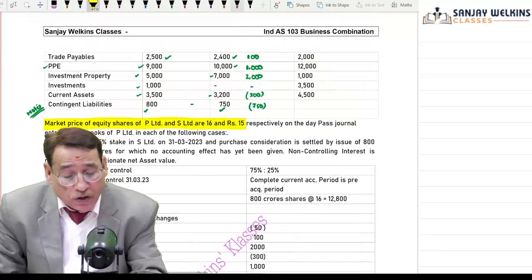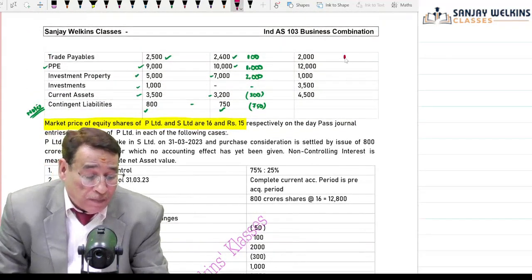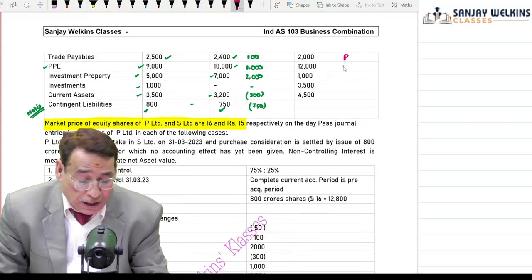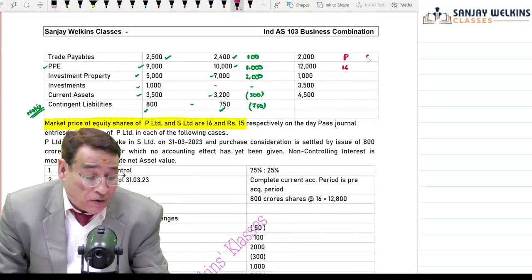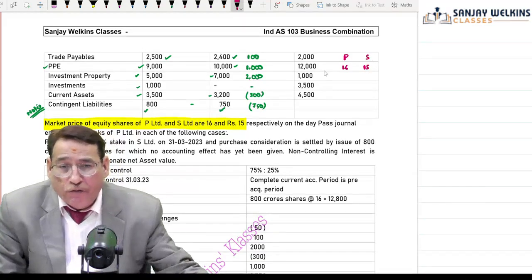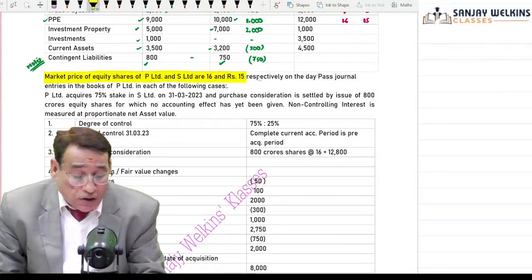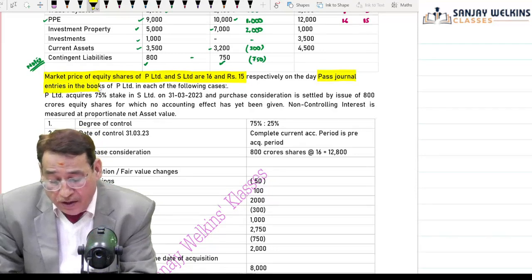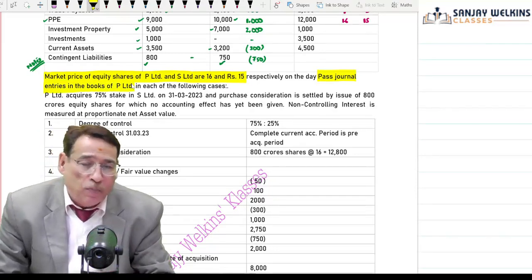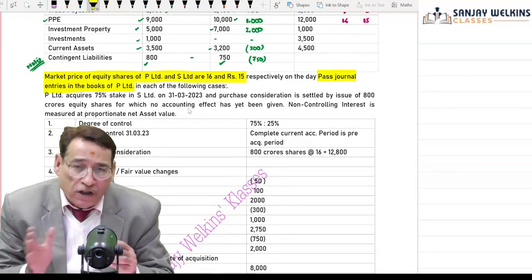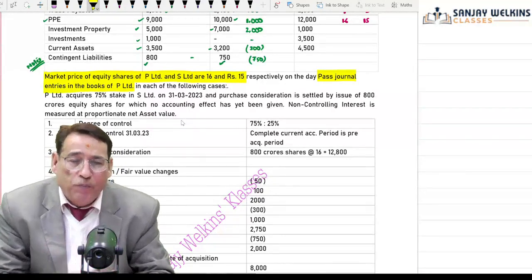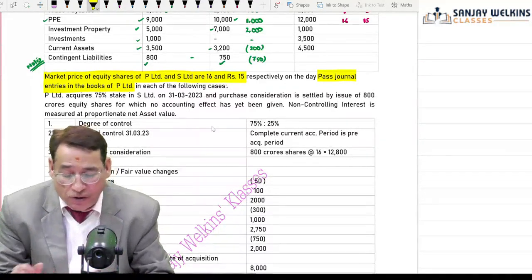P Limited is the acquirer company, and this is the market price of one share of each. Also, you are supposed to pass journal entries in the books of P Limited. That means you are not supposed to prepare the consolidated balance sheet, but you will have to pass the entries on the date of the acquisition.